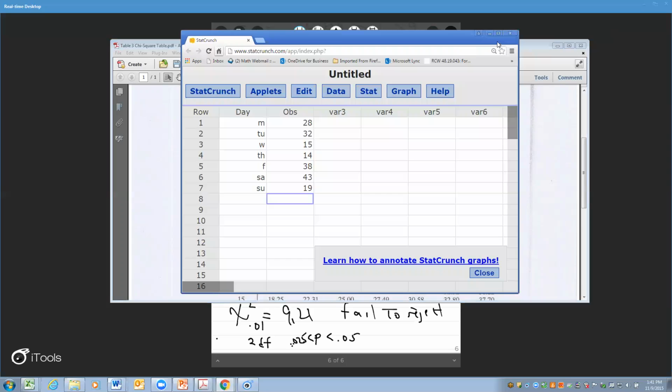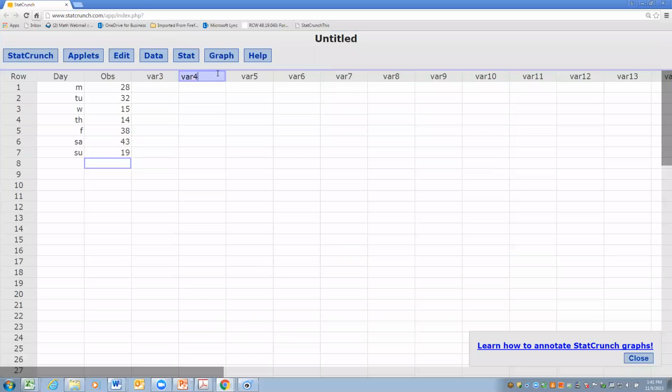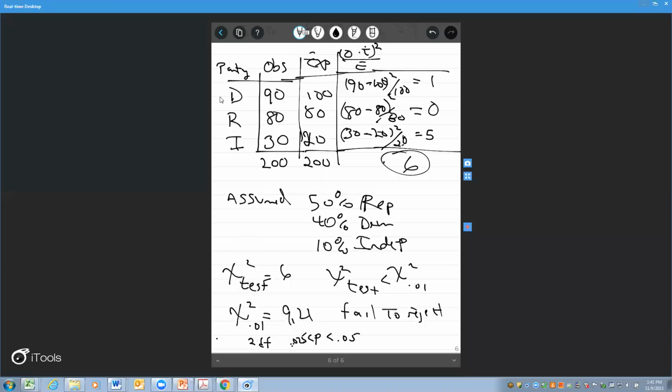And we will go in and we will put in party and observed. And here we will need to do an expected column because they're not equally likely to happen. Go back to my example here. I do have one mistake.